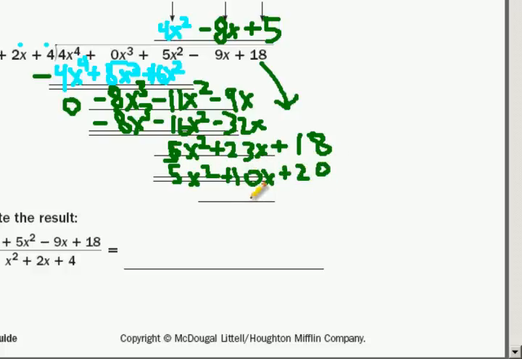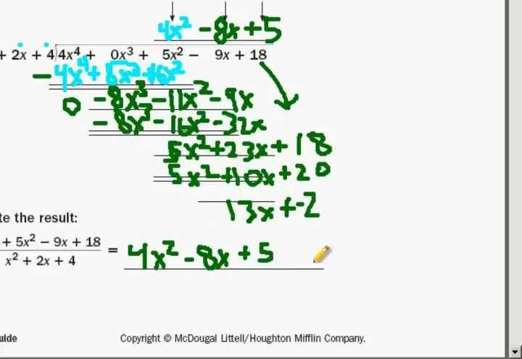And I subtract them once again, and I have 13x plus negative 2. So I end up with an answer on this one of 4x squared minus 8x plus 5.